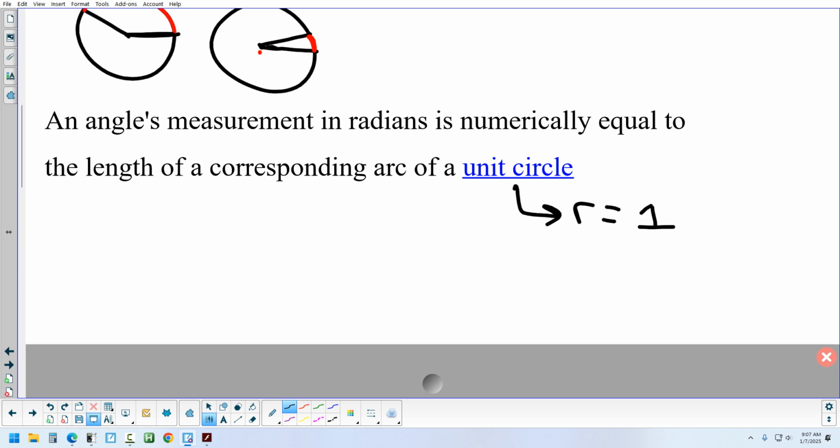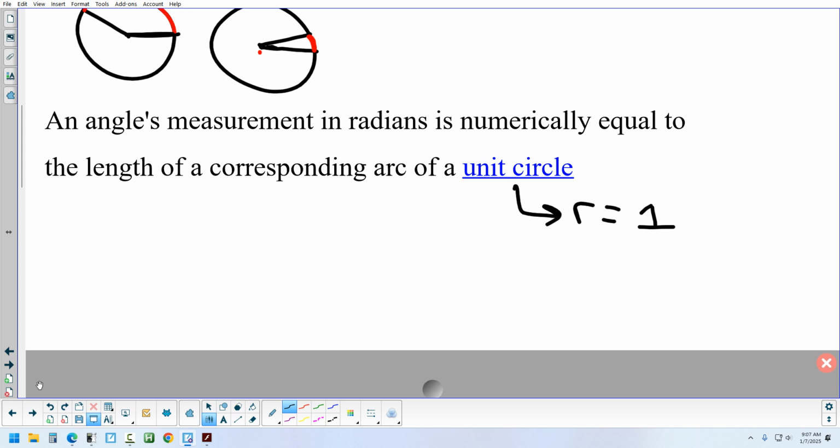All right, so what am I saying in that sentence? Well, let's look at a picture. Let's draw a unit circle, and let's say the circle has a size of 1. It doesn't matter 1 what, 1 foot, 1 inch, 1 centimeter, just 1.